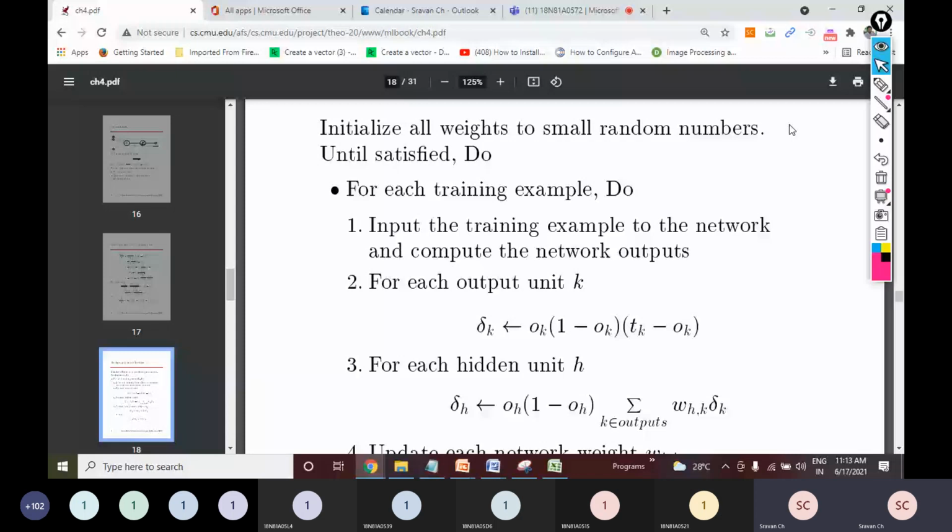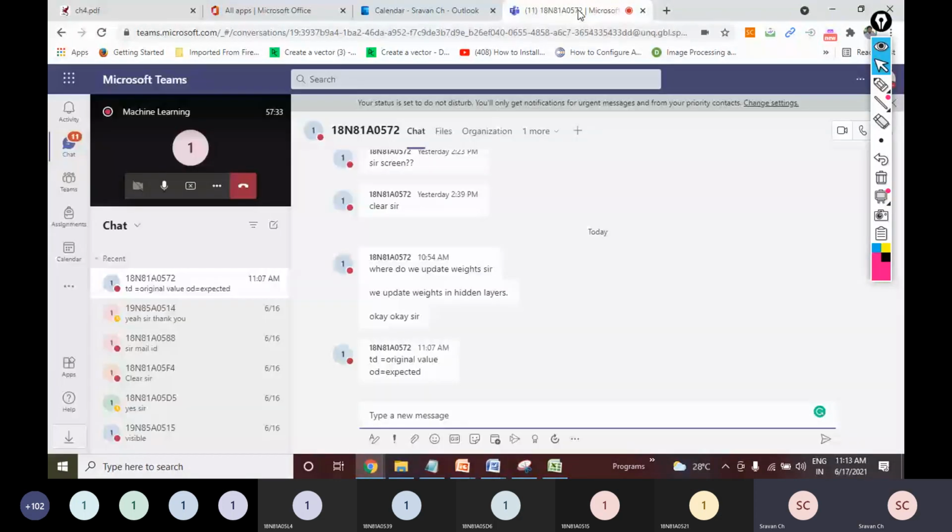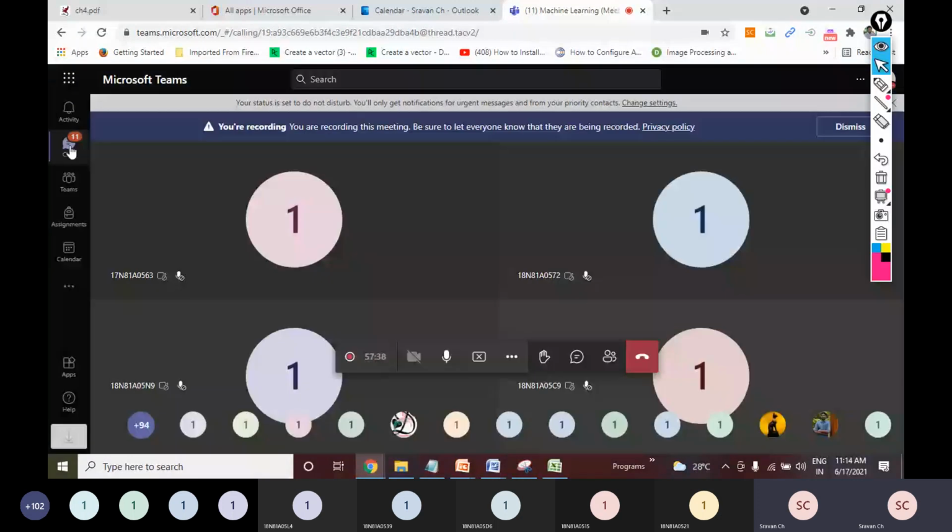What do you mean by until satisfied? When will I be satisfied? Please tell me. Until satisfied, or when will I be satisfied? Minimum errors. Great. Error is 0.